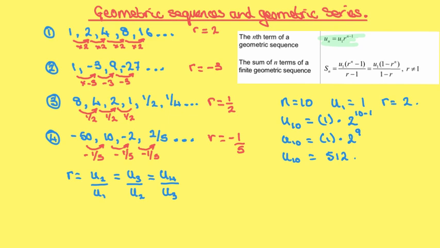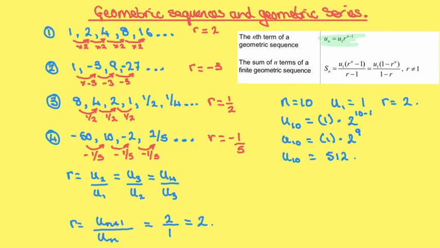In general, r is equal to u to the n plus 1, any term, divided by u to the n, the term before it. So if we use the first geometric series, u2 is 2, u1 is 1, so r is equal to 2.